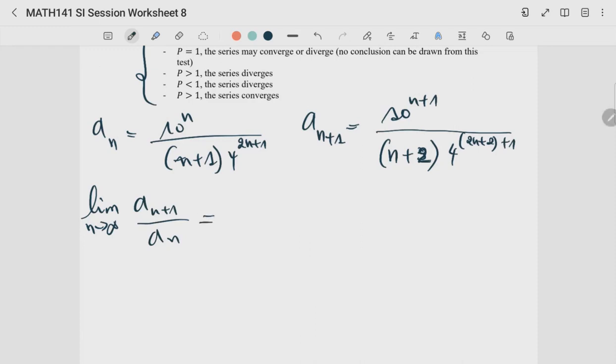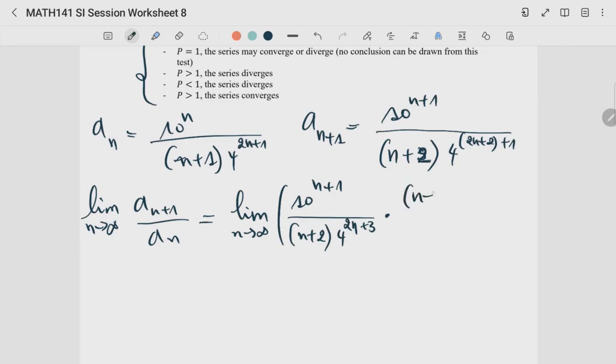which is equal to the limit as n tends to infinity of 10 to the n plus 1 divided by (n plus 2) times 4 to the 2n plus 3, multiplied by the inverse of a_n, which is just (n plus 1) times 4 to the 2n plus 1 divided by 10 to the n.